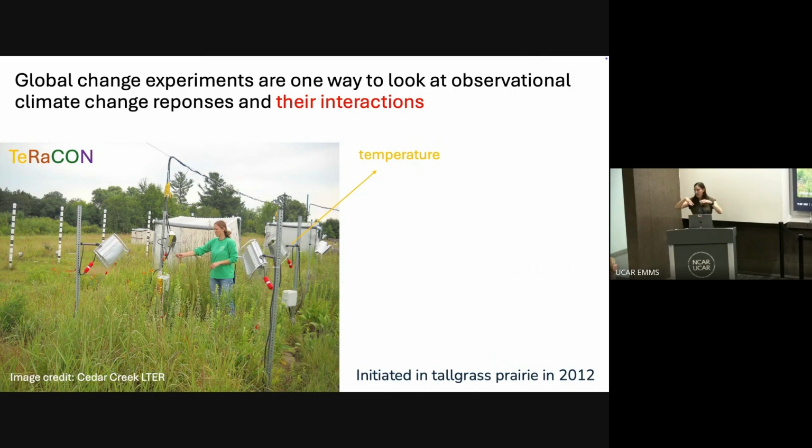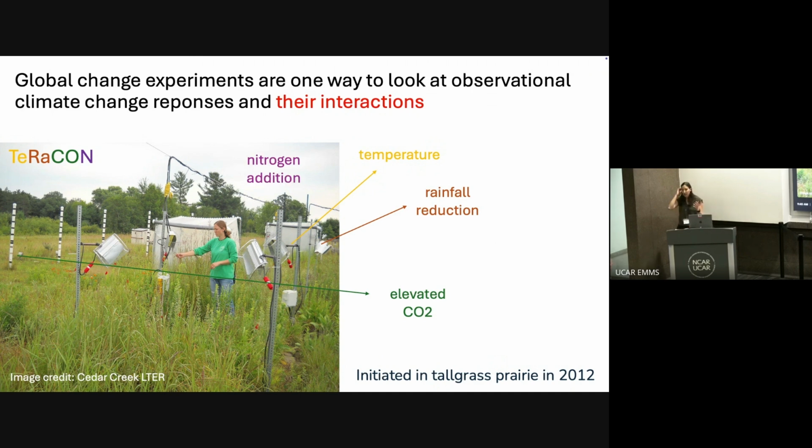There's also below-ground heating in the soil. There are these rainfall reduction tents that people have to go out and put out when it's raining. There are these elevated CO2 pipes, which just pipe more CO2 to these areas. And then they fertilize every year.